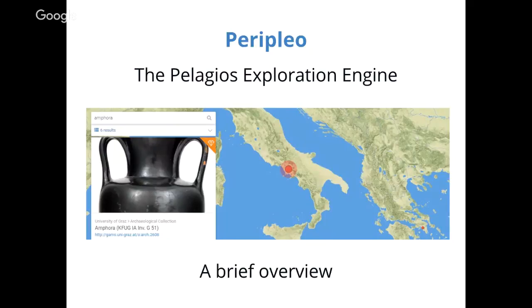And to talk about visualization of linked geodata, I will use another tool that has been developed by the Pelagios Commons that is called Peripleo, which is a visualization and exploration engine. And I will give you a brief overview of how Peripleo works, how it can be used, and how it can be useful to academic research.